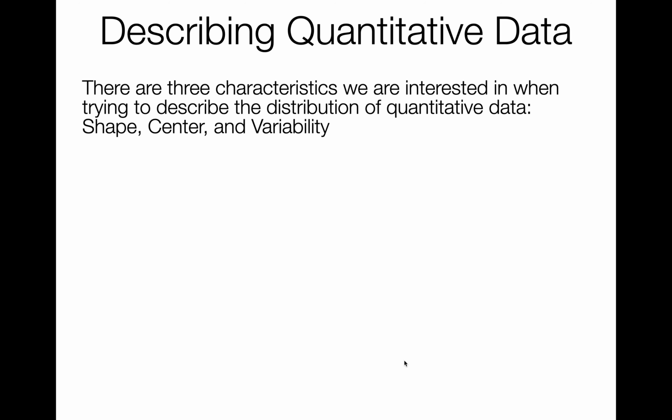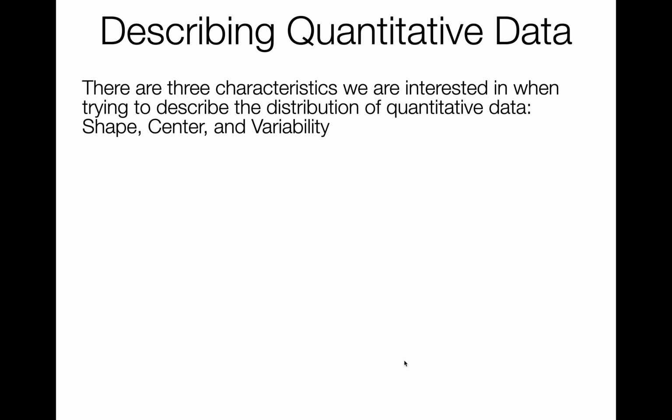When you're describing quantitative data and quantitative graphs or plots, you can say quite a bit more. There are three classes of characteristics that we're going to talk about: shape, center, and variability.